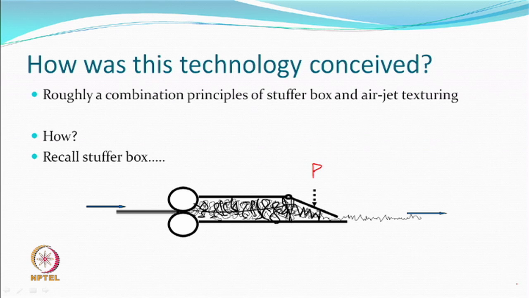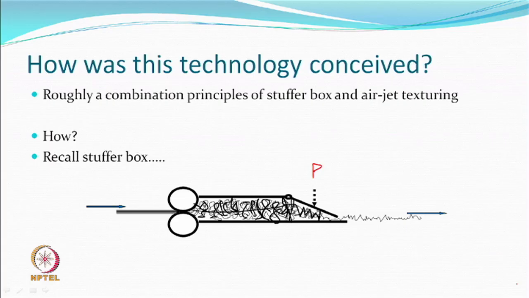In some sense, stuffer box produces yarns which are in the category of modified stretch yarns. Air jet texturing produces yarns which are bulk yarns. So, how does it happen? We just recall what is happening in a stuffer box texturing process.